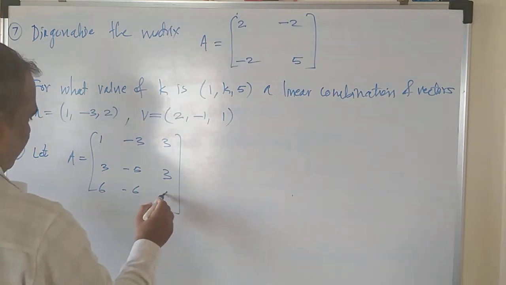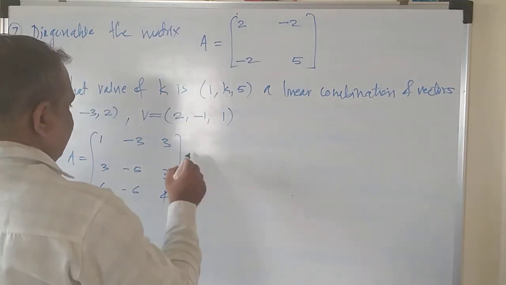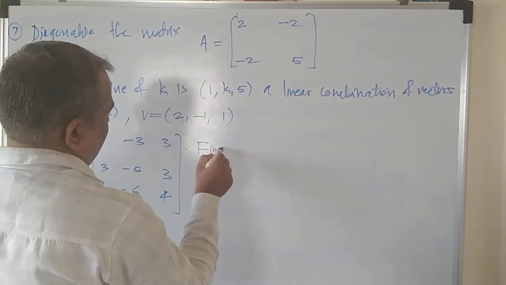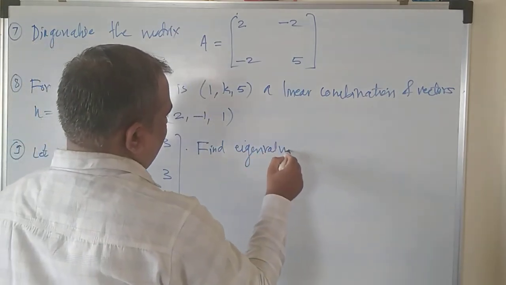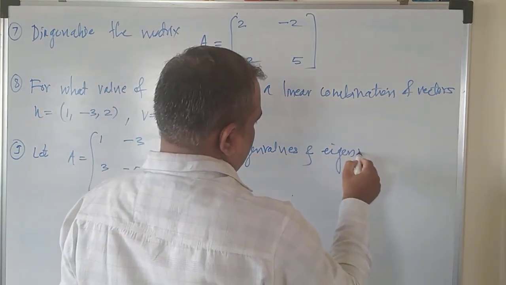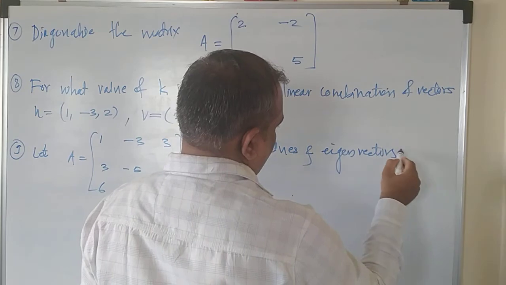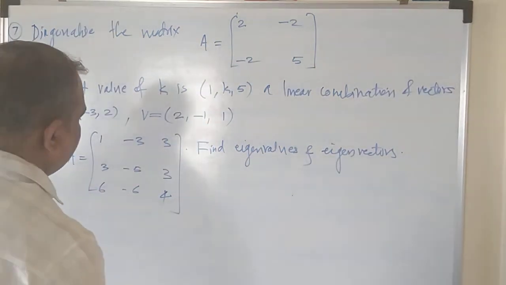And this is 4. Find eigenvalues and eigenvectors. Along with that, do calculate the normalized eigenvectors also.